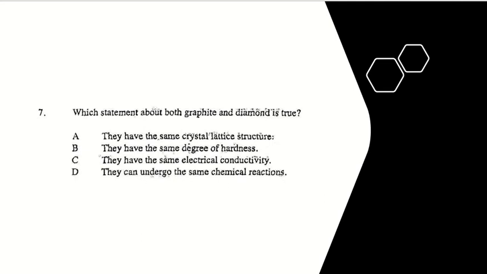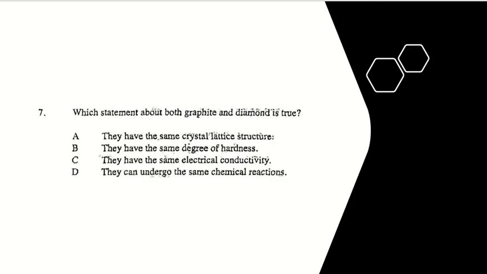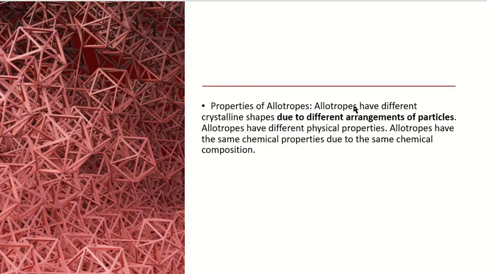So first look at properties of allotropes. As we know, both graphite and diamond are allotropes of carbon. Graphite is pure carbon, diamond is also pure carbon. Allotropes have different crystalline shapes due to different arrangement of particles, and different physical properties.